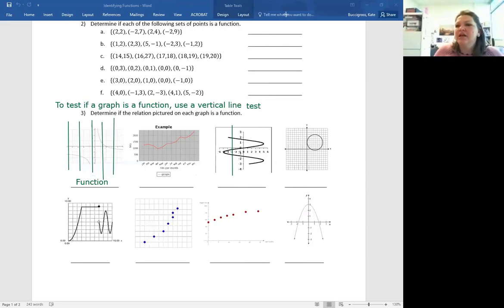Can you see that when I drew this vertical line, I crossed my graph in more than 1 place? Can you see that? Yes. That is a fail. The second you can find any vertical line that crosses the graph in more than 1 place, we caught an X cheating. Your graph failed the function test. This is not a function. Does that make sense?